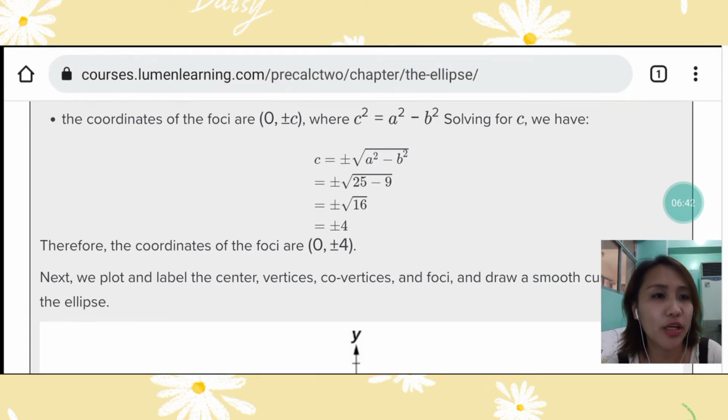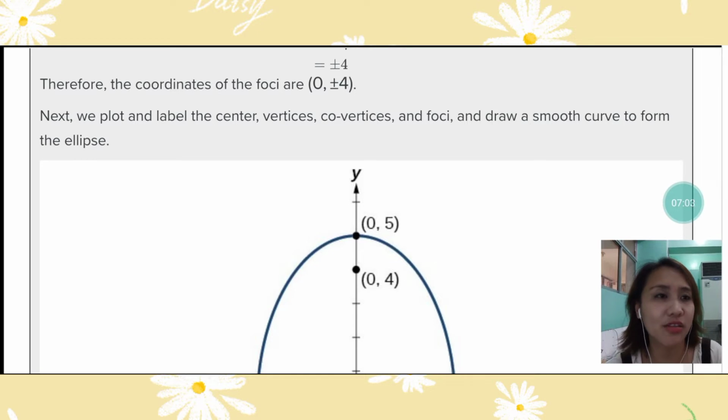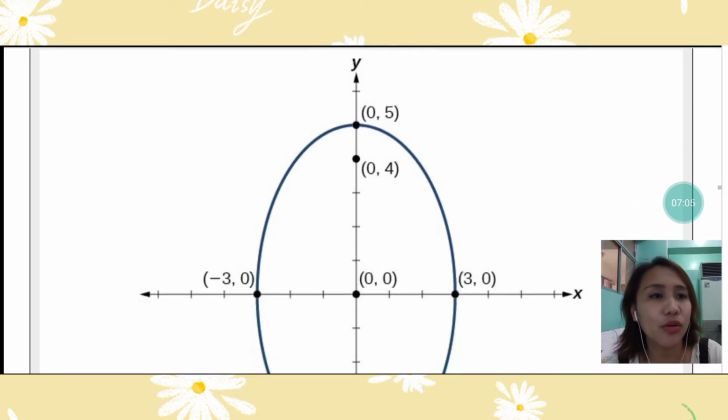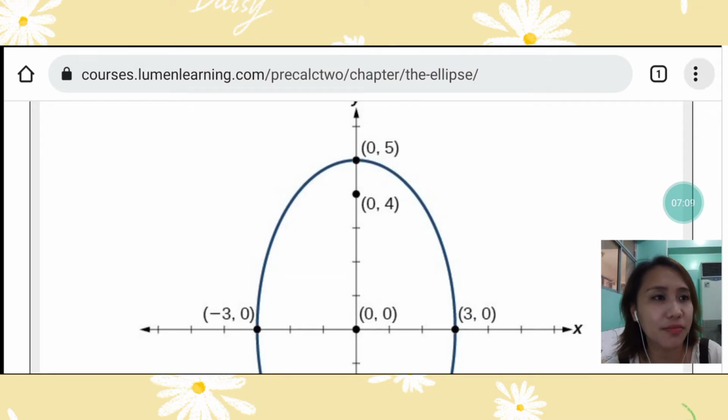So the coordinates of the foci are 0, plus minus 4. We know that the foci are located on the major axis, and since the major axis is vertical, that's 4 units going up, then 4 units going down. So we plot the center, vertices, co-vertices, and foci, and the ellipse will look like this.